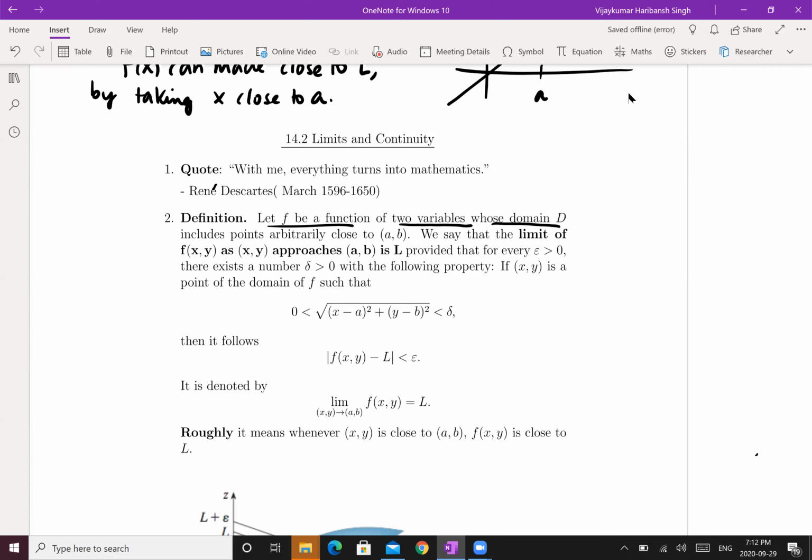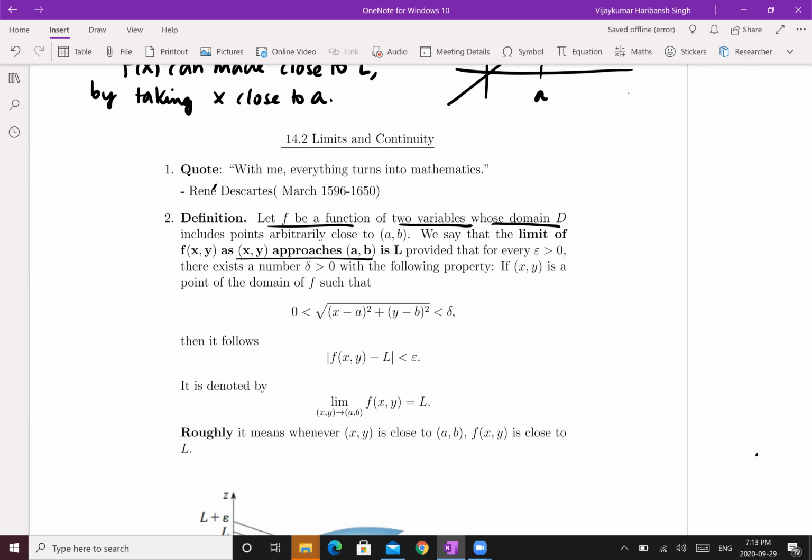We say that the limit of f of x, y as (x, y) approaches (a, b) is L, provided that given epsilon greater than 0, there exists delta greater than 0 such that if (x, y) is a point in the domain of f such that 0 < square root of (x minus a) squared plus (y minus b) squared < delta, then the absolute value of f of x, y minus L is less than epsilon.